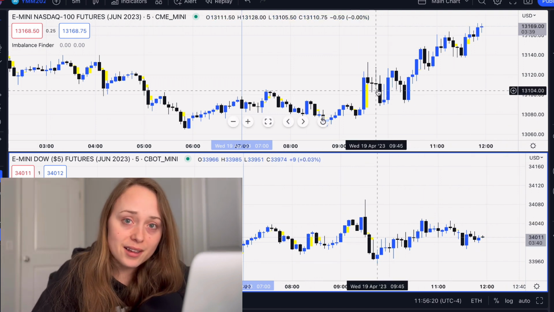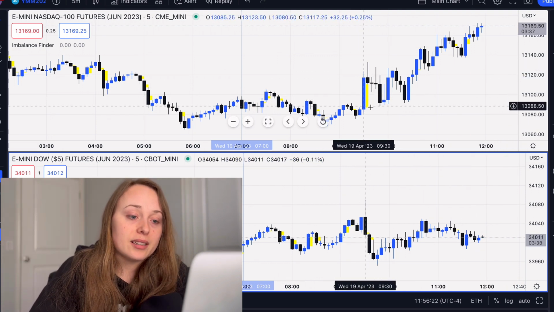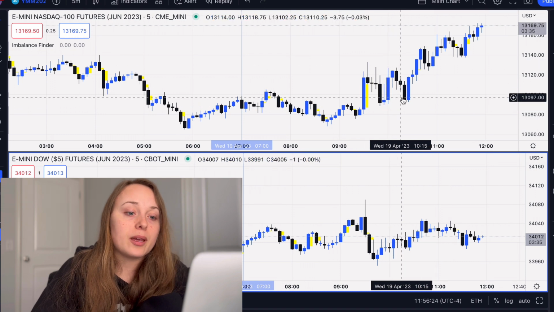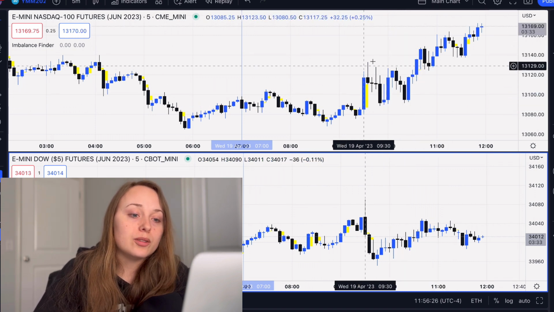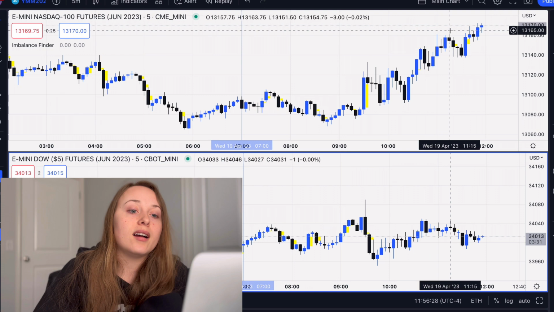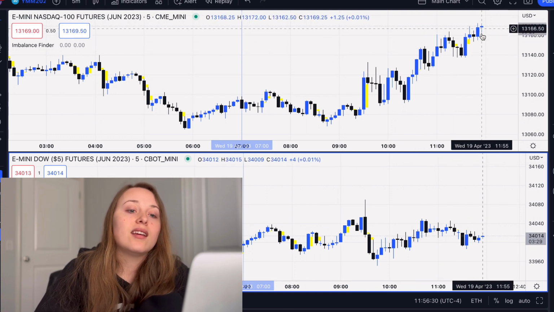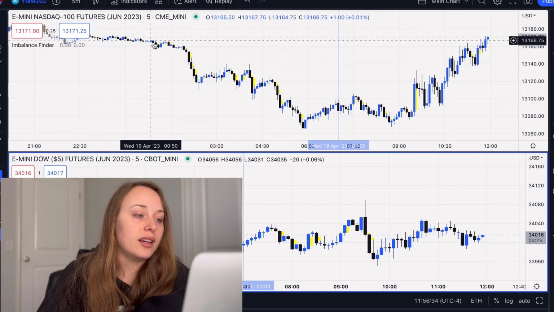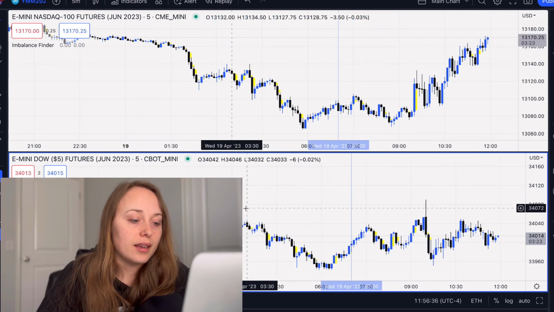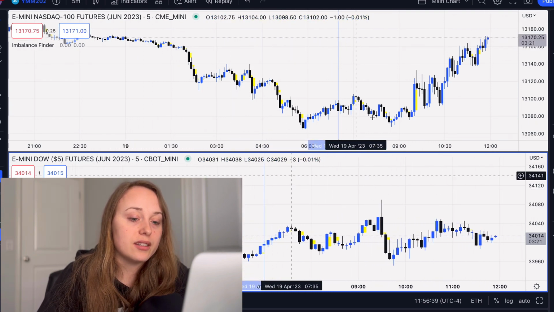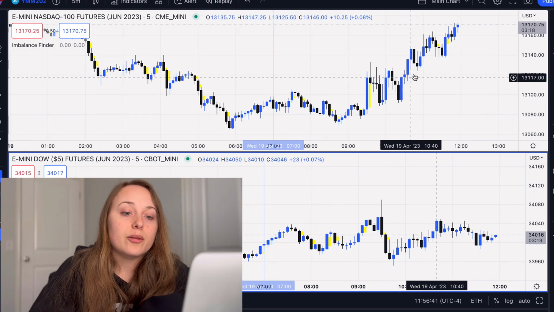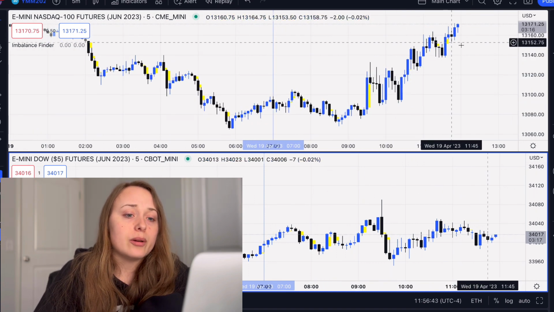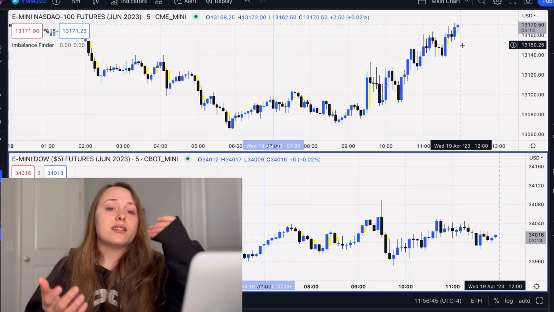But on the NAS, we came back down, filled in this fair value gap, came back up, boom, traded, made a higher high, did it again, and we just keep aiming for the highs up here. And the Dow is just very slow, which is shocking, but we always compare the indices to indices.